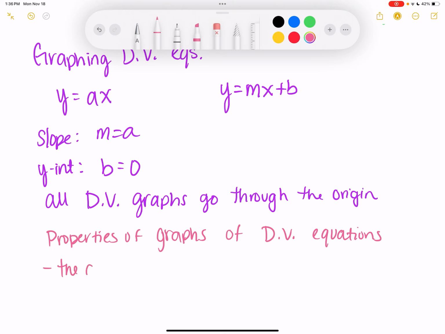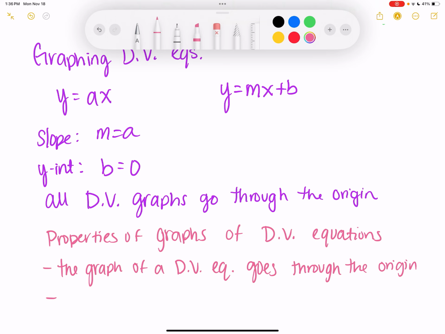The graph of a direct variation equation goes through the origin, and the slope of the graph is a.